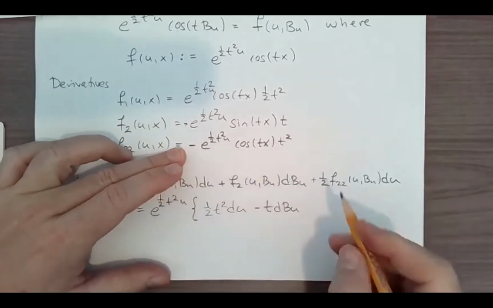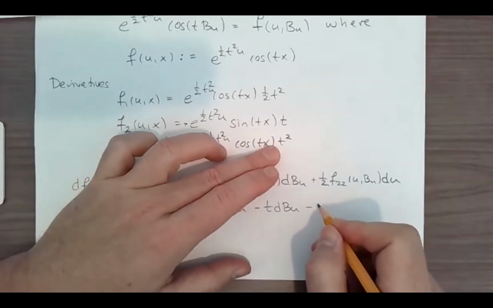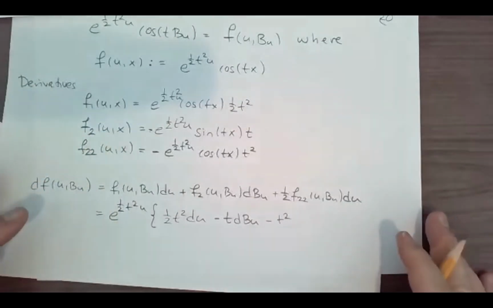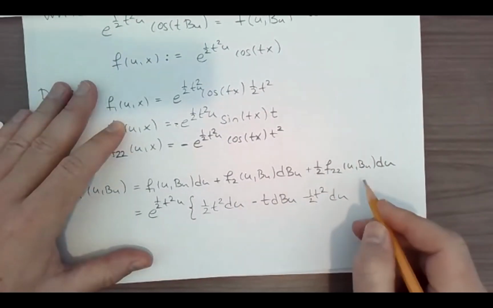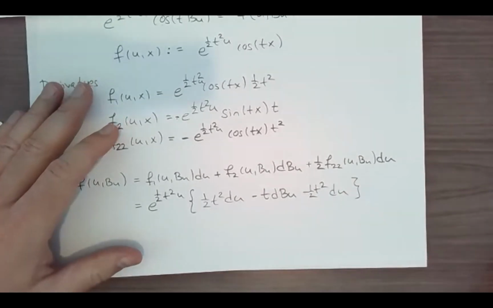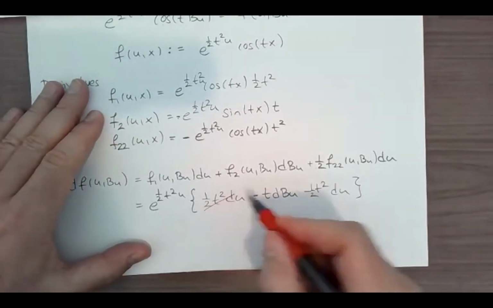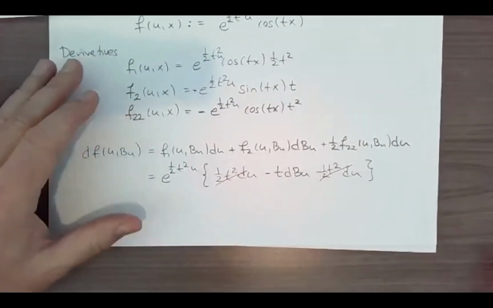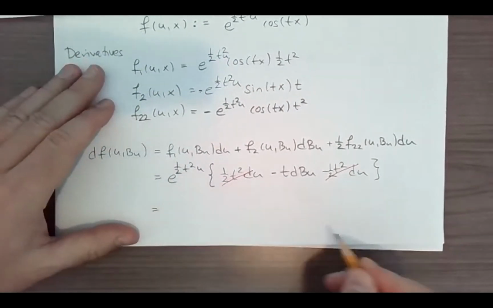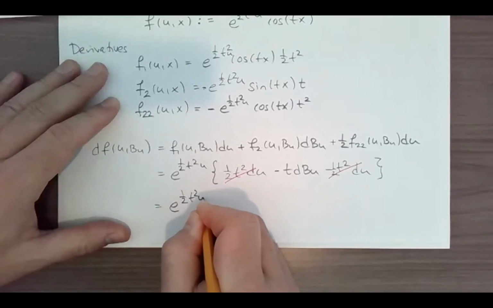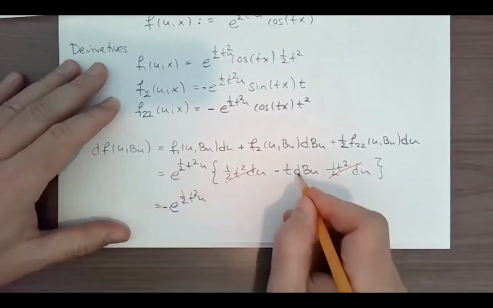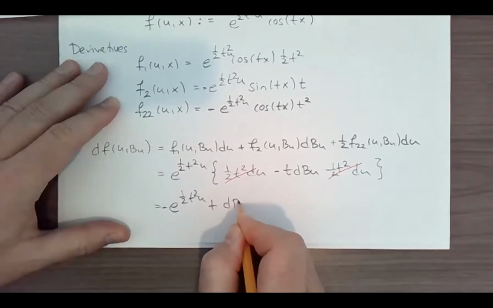And this here is minus t squared times 1/2 du. So as before, the miracle happens, and these two terms cancel out. And we're left here with e to the 1/2 t squared u, there's a minus sign, and then there's a t, and there's a dB_u.